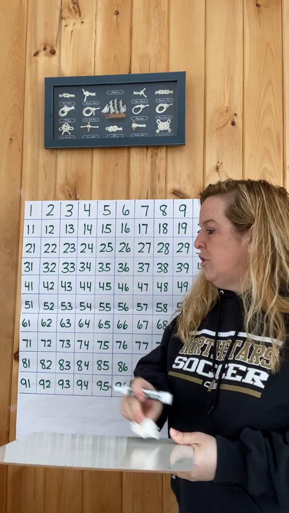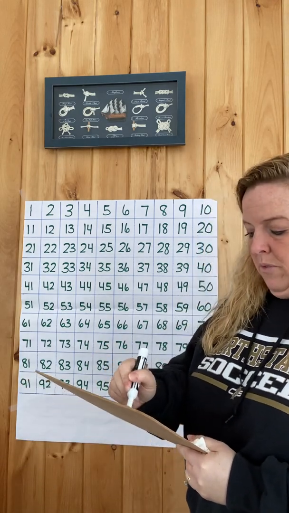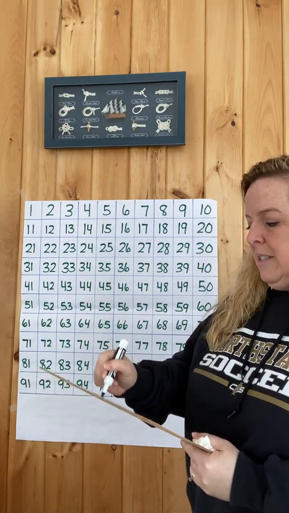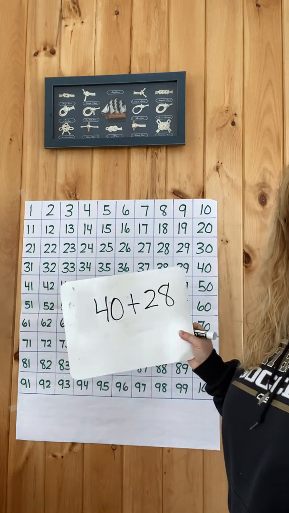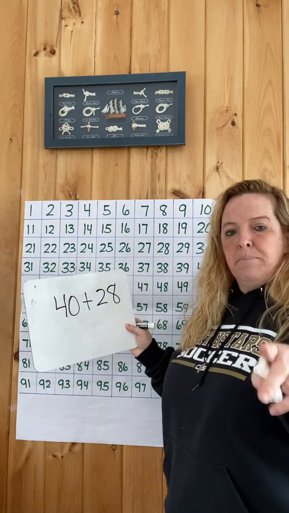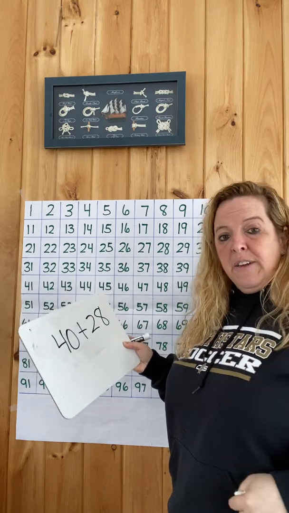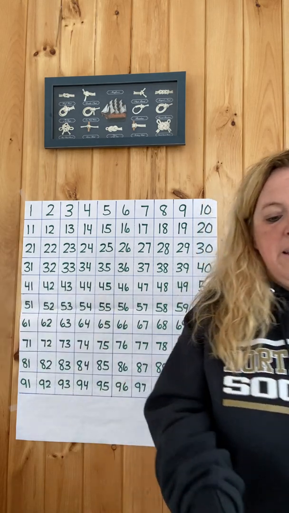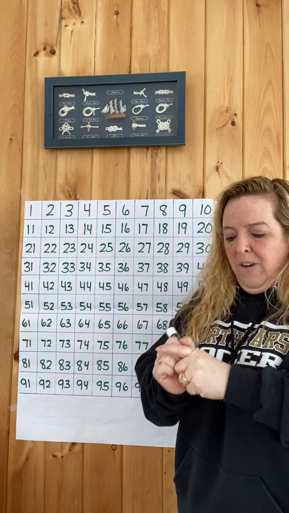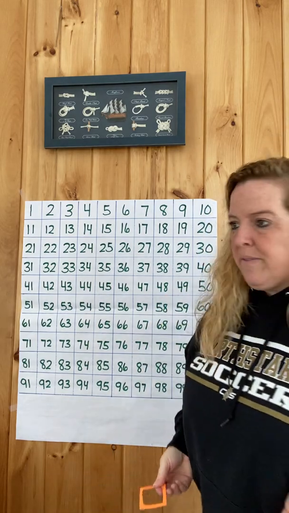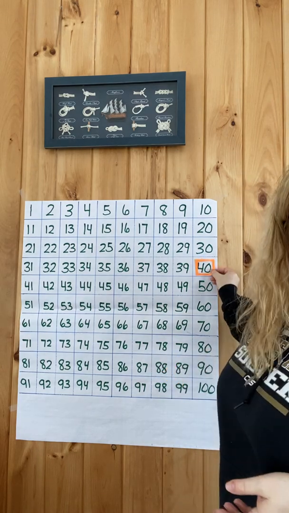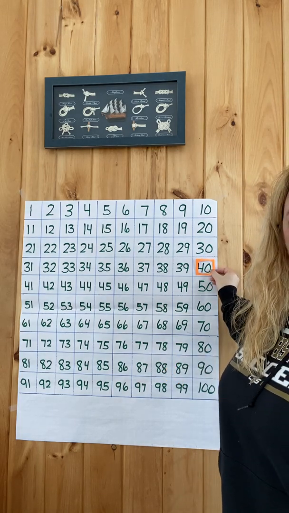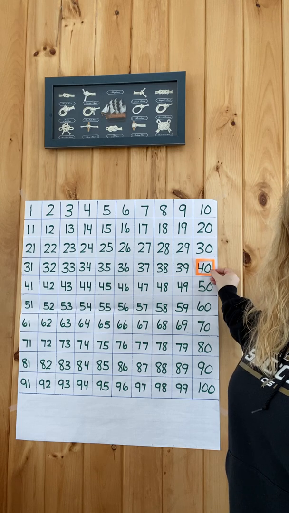All right, let's do 40 plus 28. Here's the problem, 40 plus 28. Again, pause it. I want you to figure it out, and then in a minute, you'll see if you're correct or not. All right, 40 plus 28. I know I've got to find my bigger number, which is 40, plus 28.